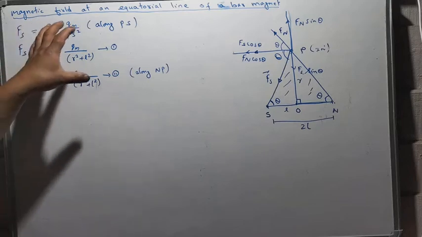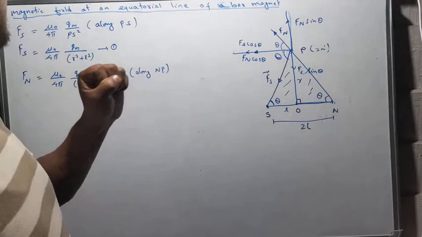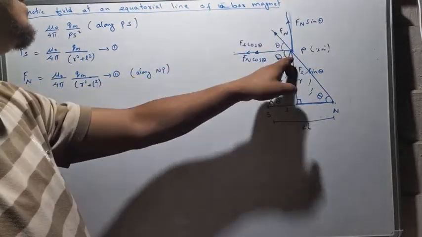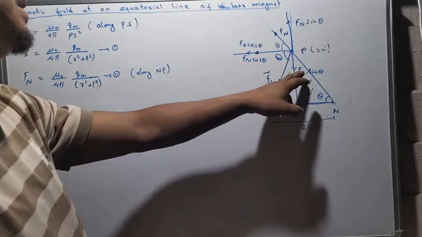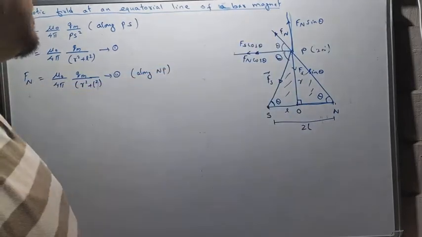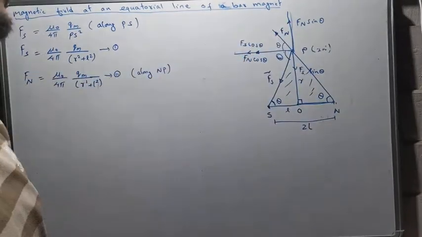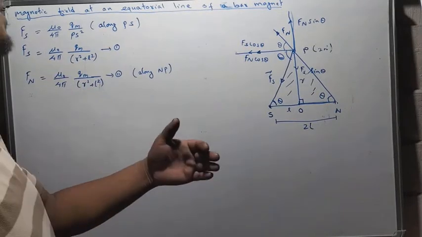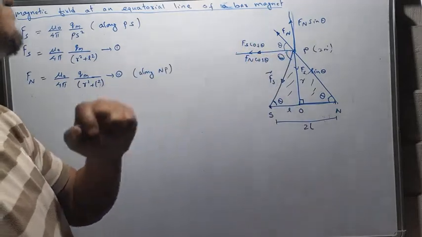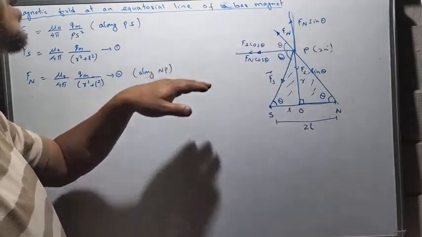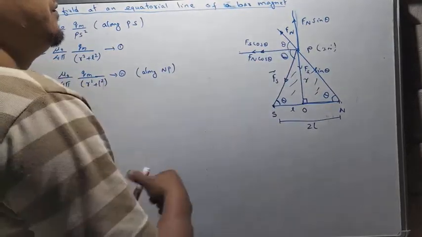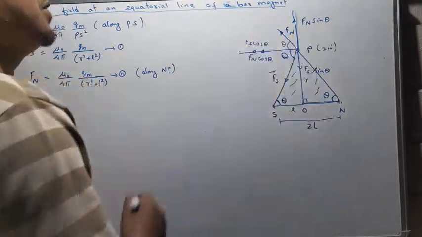Because the magnitudes of the two forces are equal in this case, these two components, Fn sine theta and Fs sine theta, are acting in opposite directions, so they will cancel out each other's effect. But the two components Fs cos theta and Fn cos theta are acting along the same line, so these components will give you the total magnetic field at point P.